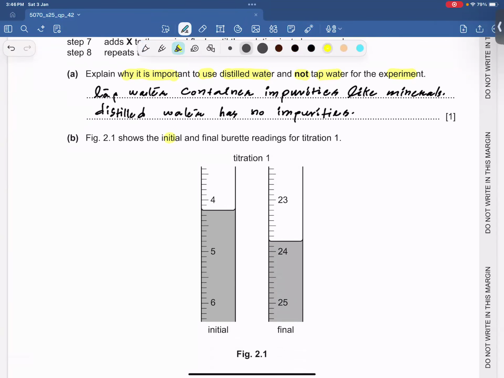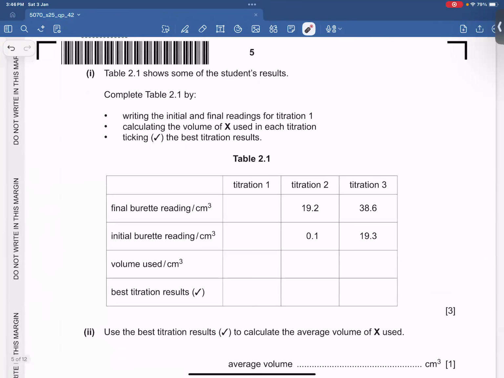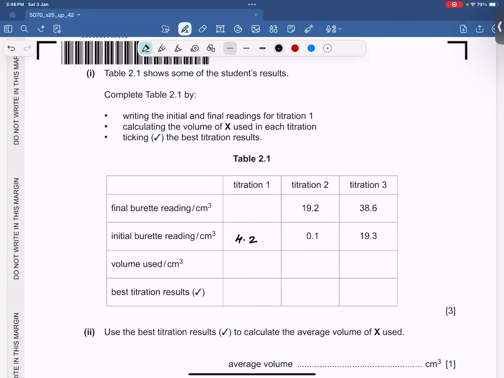Figure 2.1 shows the initial and final burette reading for titration 1. This is 4.2 and this is 23.8. Okay, let me write it down: 4.2 and 23.8.